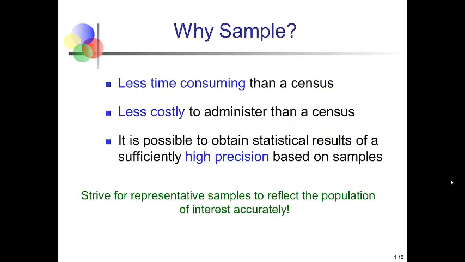So why do we take a sample instead of asking everybody? Taking a sample is much less time-consuming than asking every single person. And some people aren't going to respond no matter what we do. I said in the last video, hey, I could bring a scale to class and try to get the average weight of a college student by taking the weights of all the students in class.